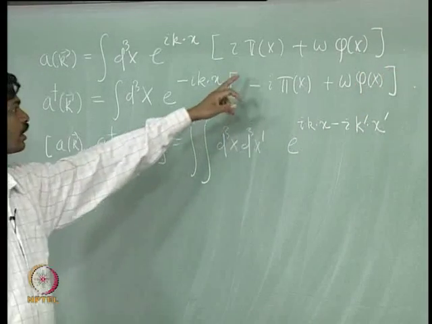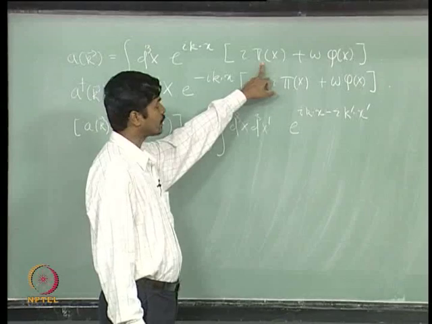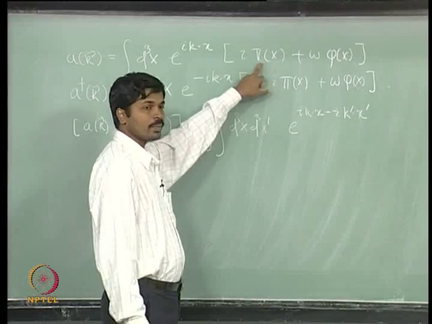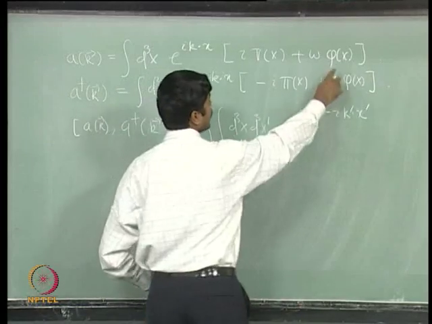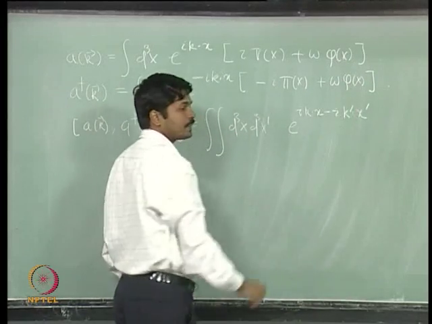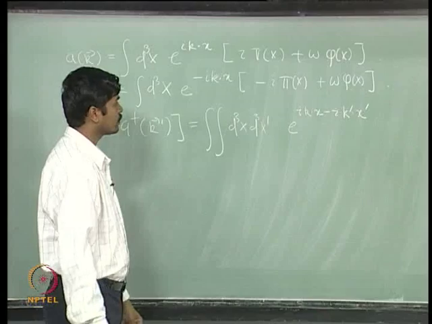While evaluating the commutator, you must remember that pi(x) commutes with pi(x prime), and similarly phi(x) commutes with phi(x prime).